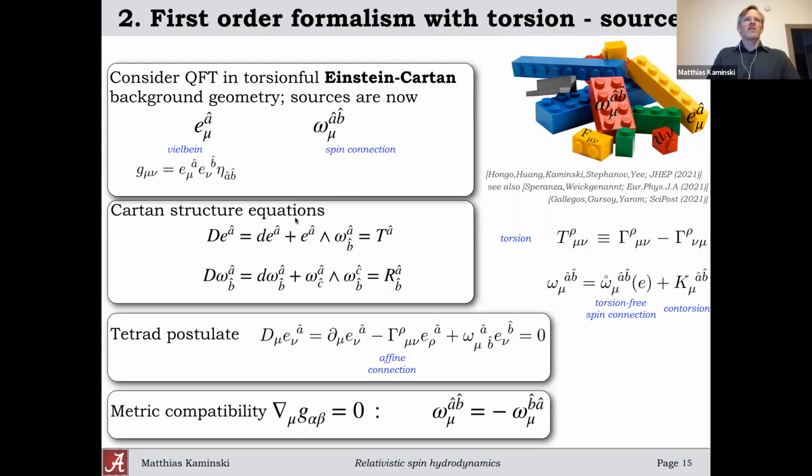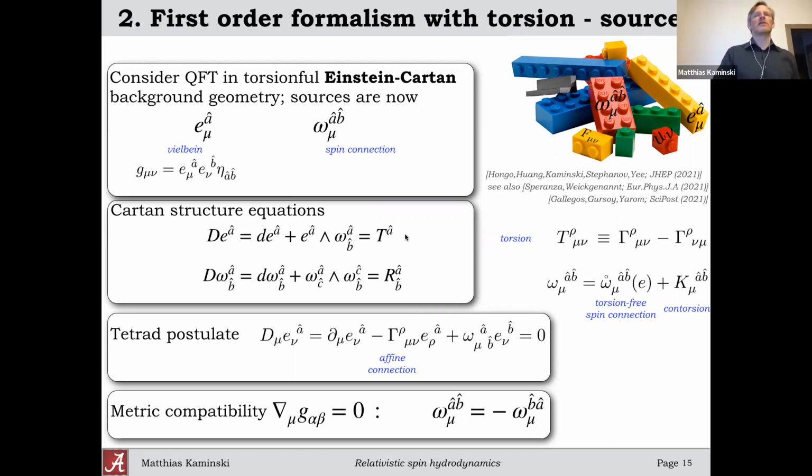So the Cartan structure equations tell us, the first one told us that the covariant derivative acting on the field line gives us the torsion. So this is telling us also what components there are. This tells us that the field line and the spin connection are not independent.